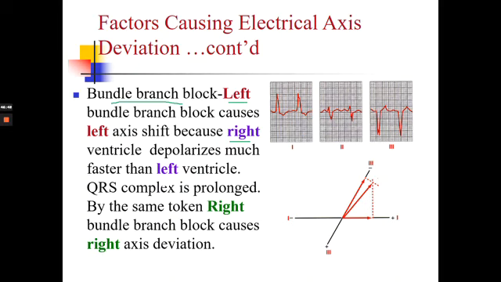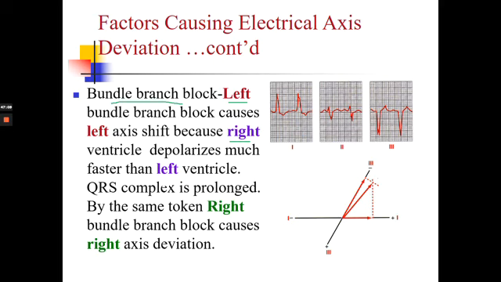So most of the time there are vectors going from the left to the right. In that case, you will record right axis deviation and the same thing, prolonged QRS, because the ventricle's depolarization takes longer.